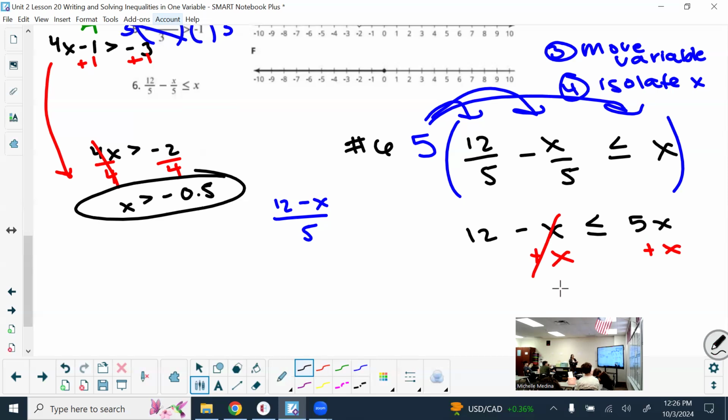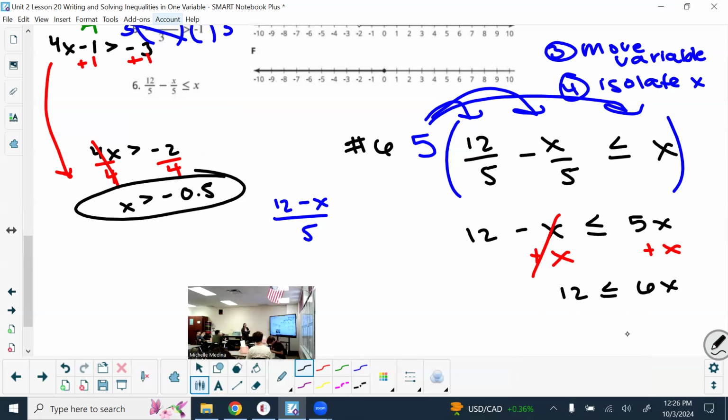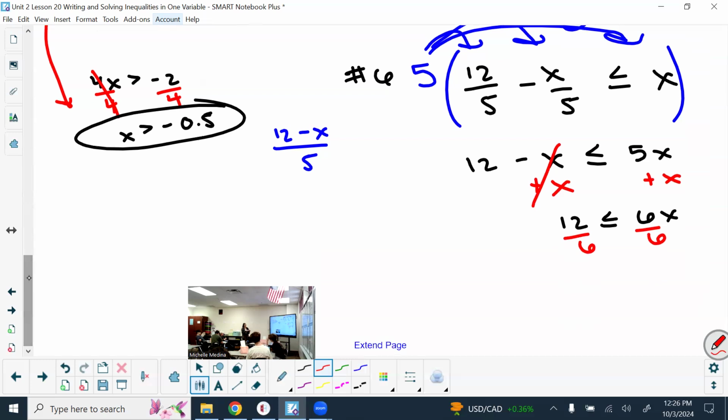I get 12 less than or equal to what's 5x plus x. Opposite of multiplying 6 is dividing. What's 12 divided by 6? Less than or equal to x.